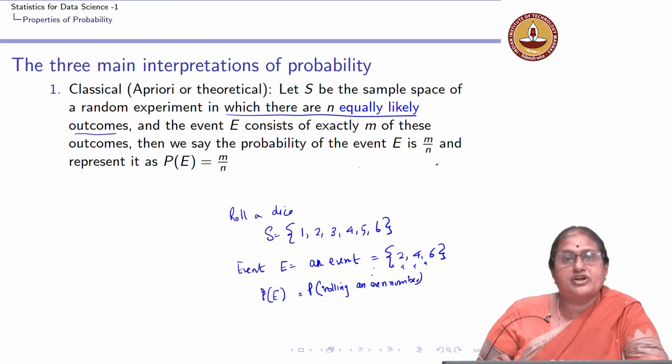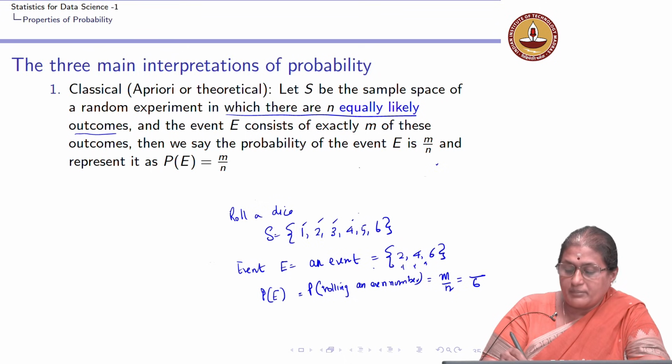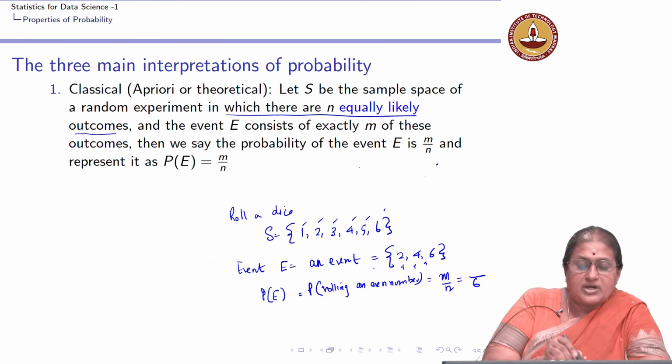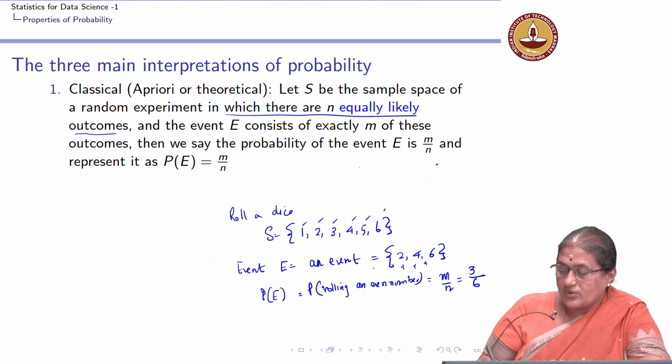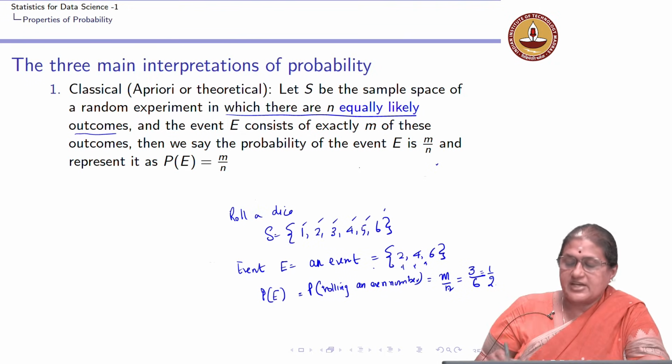by the definition of classical probability, is equal to m by n. Here n equals 6, which is the total number of outcomes in my sample space, and m equals 3, the number of outcomes which satisfy this event, so it is equal to half. So, my classical probability approach gives the probability of the event as 1 by 2.